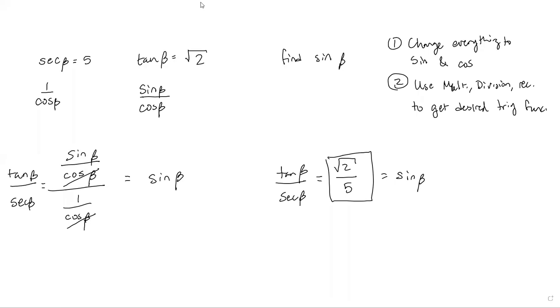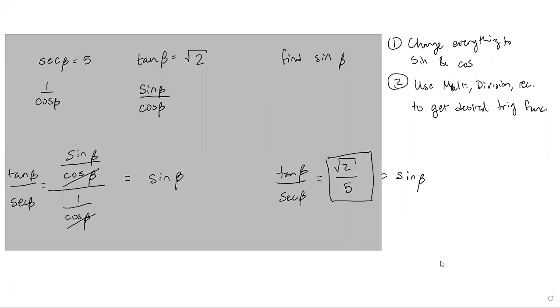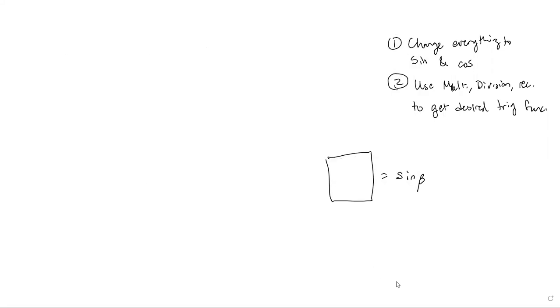All right, and we could try this with other things as well. Let's say you had cosecant of alpha equals 10, I don't know, and tangent of alpha equals square root of 5.